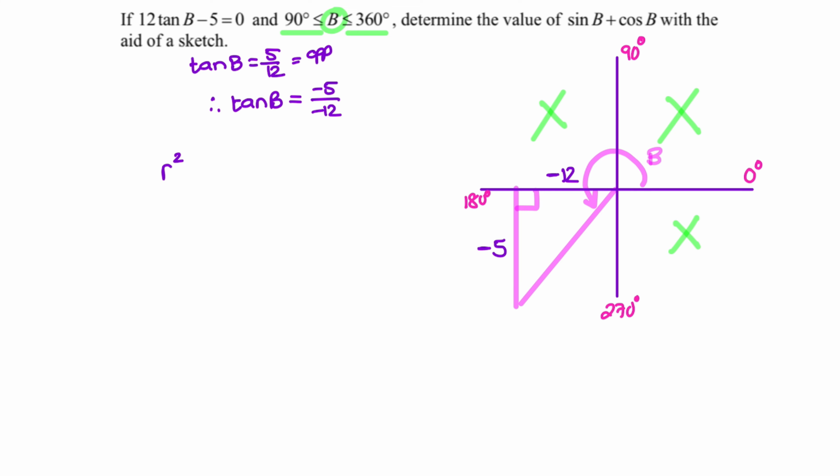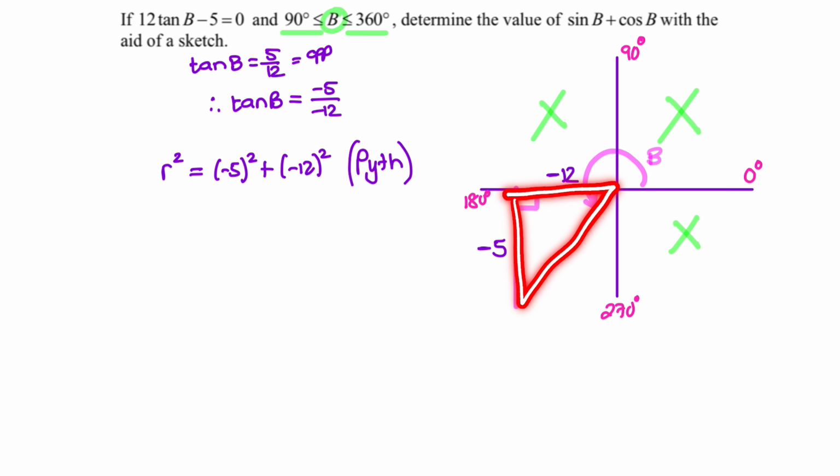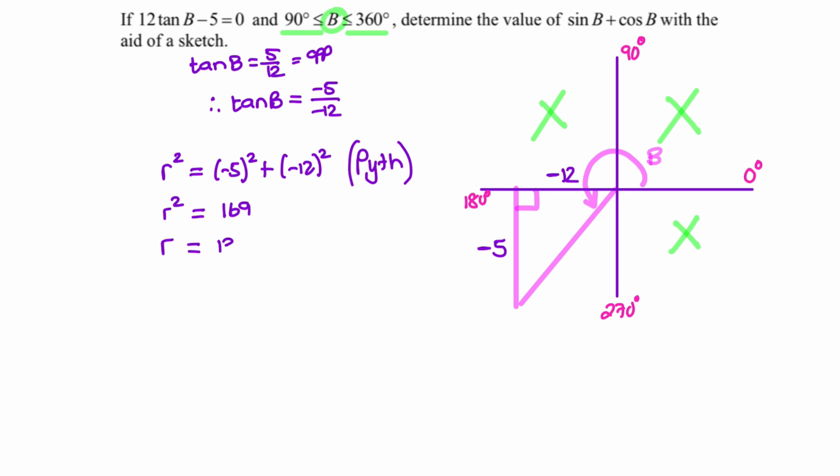I'm going to say r squared is equal to negative 5 squared plus negative 12 squared. And what I'm doing is I'm using Pythagoras because this is a right-angled triangle. And when I simplify that, I have r squared is 169, and that makes r equal to 13.